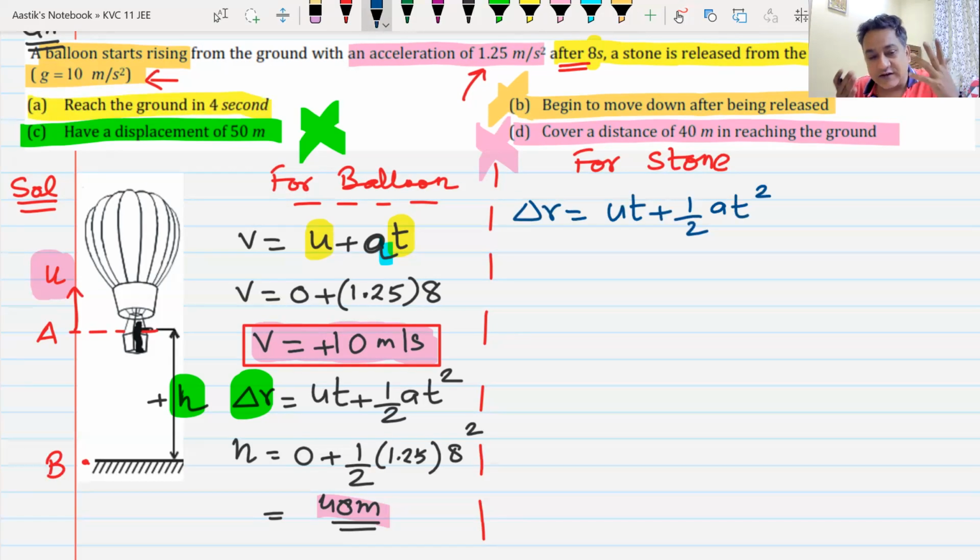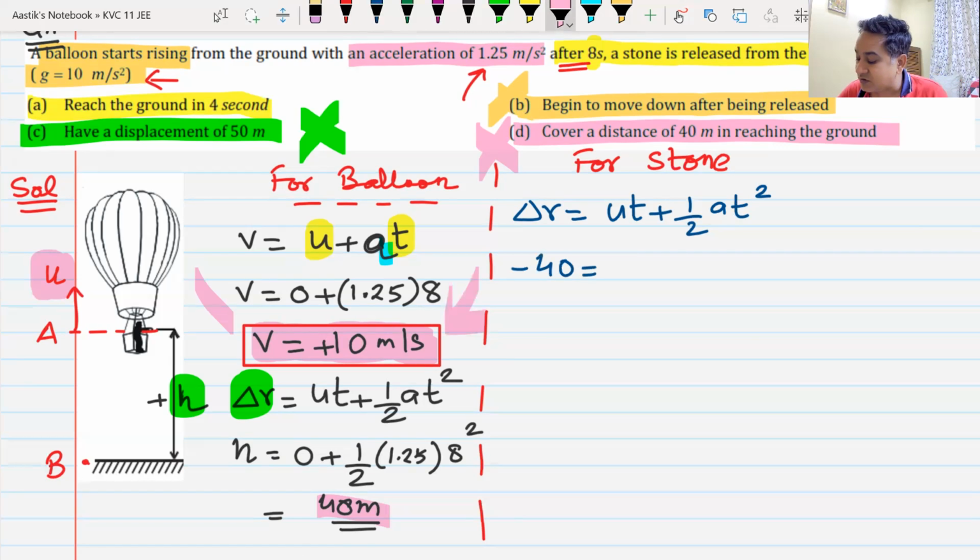If you don't give it the respect, it will kill you. Minus 40 meters. What is the value of u? 0. We are talking about the stone, my dear friends. Why did we calculate this pink thing?